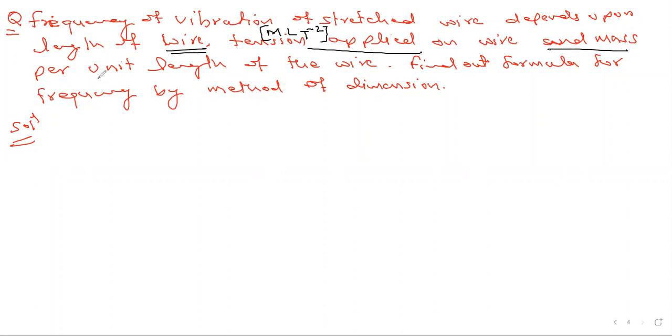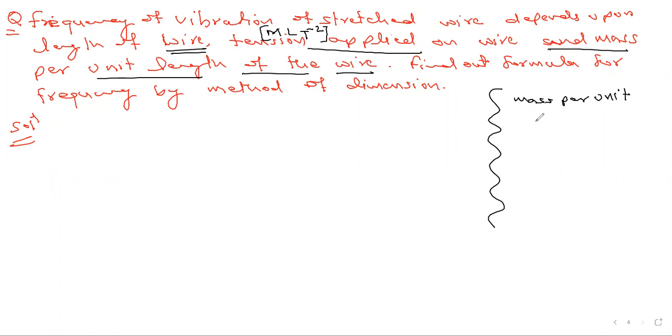And the mass per unit length, this is m upon l. Symbol you may take mu, so M L minus 1. Got it? Clear?